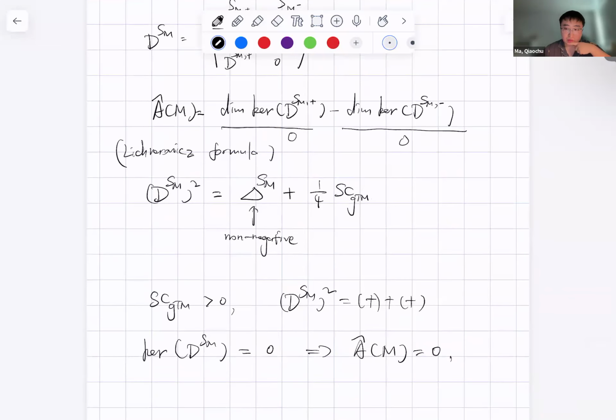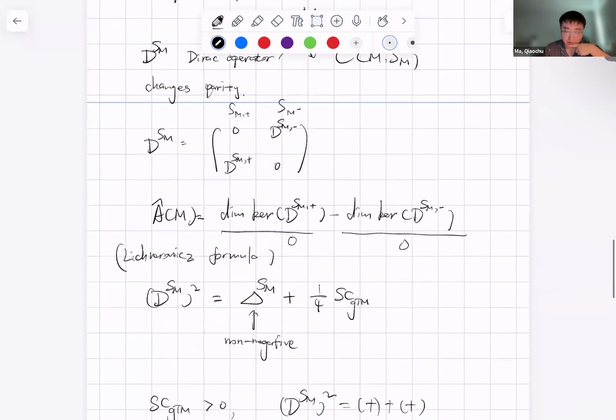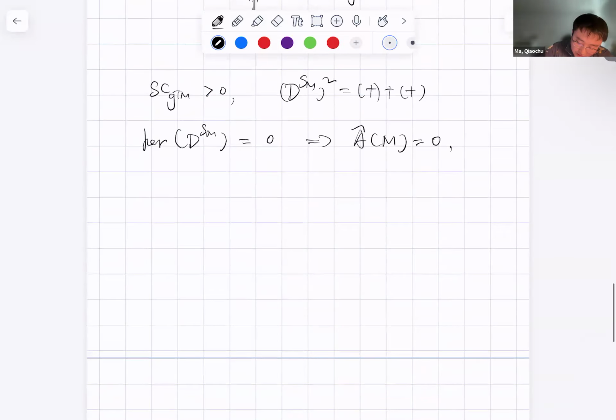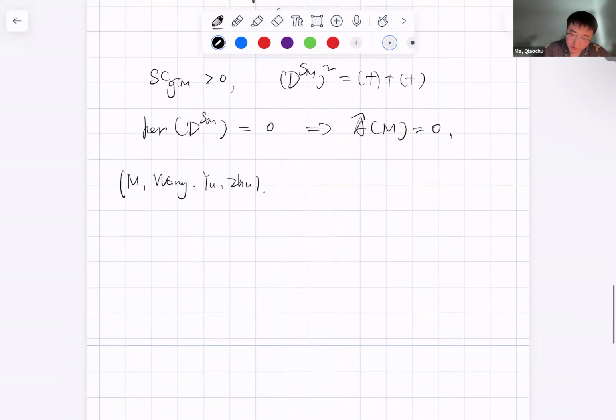We shall follow the proof of this Lichnerowicz formula to get our first result. Suppose that again M is spin, and the scalar curvature is greater than or equal to a lower bound K0, which is less than 0.